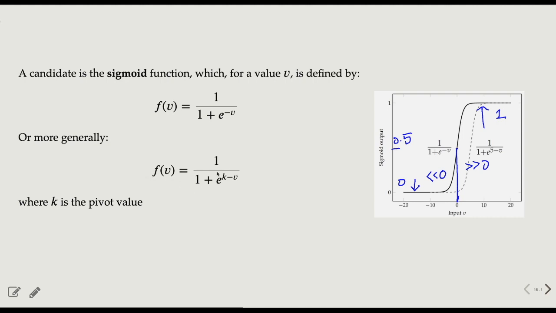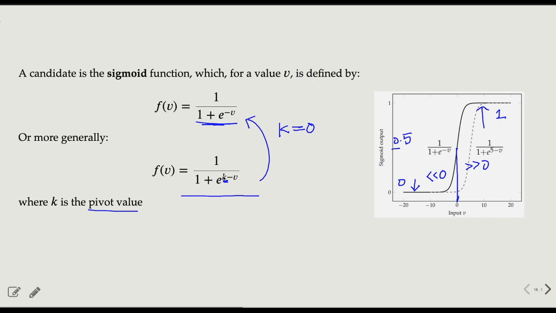Generally, the sigmoid function can also be written like this with the parameter k, where k is the pivot value. So just now, when we talked about the first sigmoid function without the k, essentially this is k equal to 0, so the middle value is at v equal to 0.